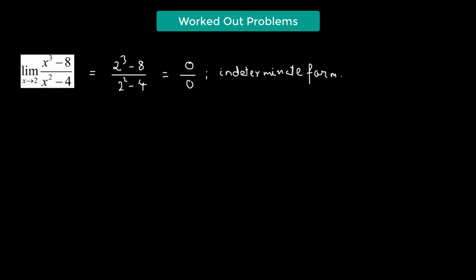Meaning we have to factor out some terms from both the numerator and the denominator. So let us begin by first finding the factors of the numerator, which is x cubed minus 8. So this can be written as x cubed minus 2 cubed.